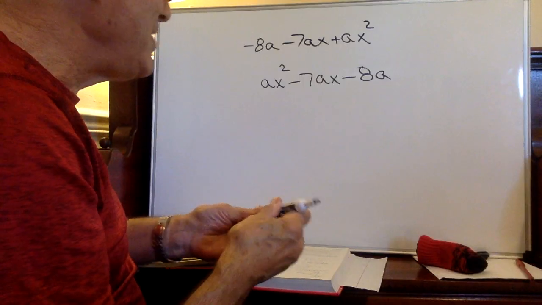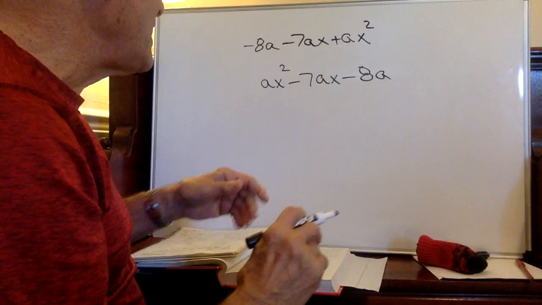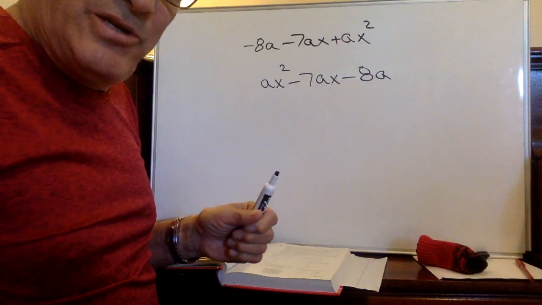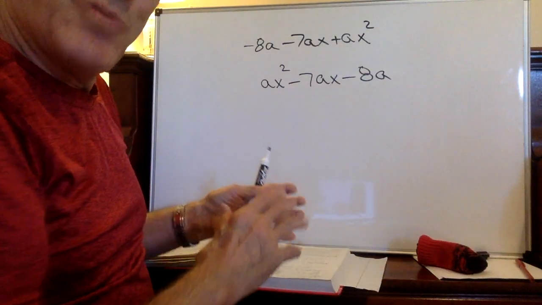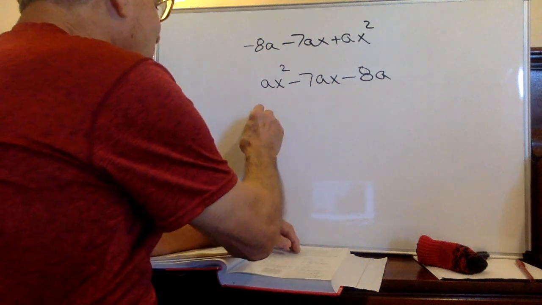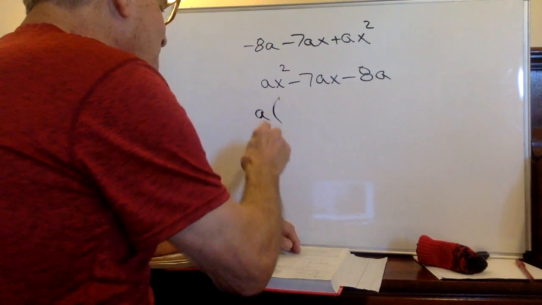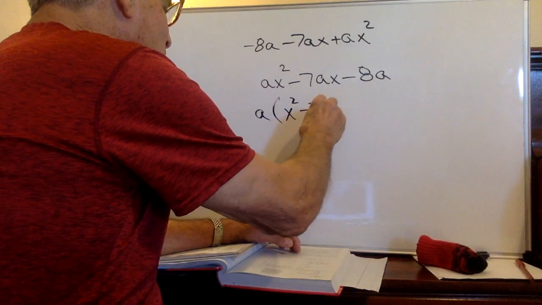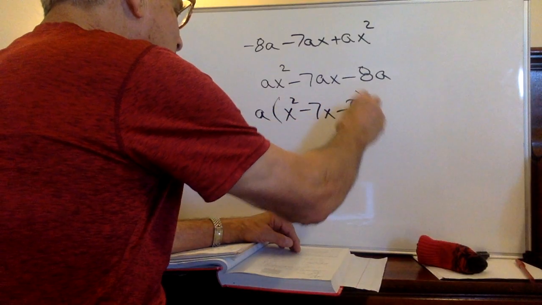And again, you don't have to do this, but generally kids find it easier to factor if the squared term is first and positive. In this case, it's first and positive. Take out your greatest common factor, which is an a, and you're left with x squared minus 7x minus 8.